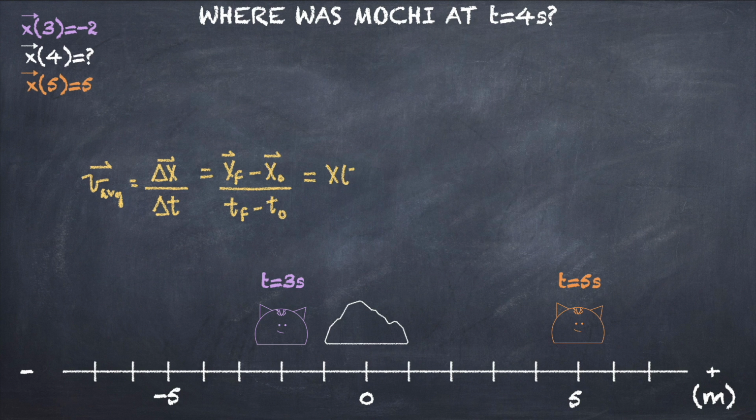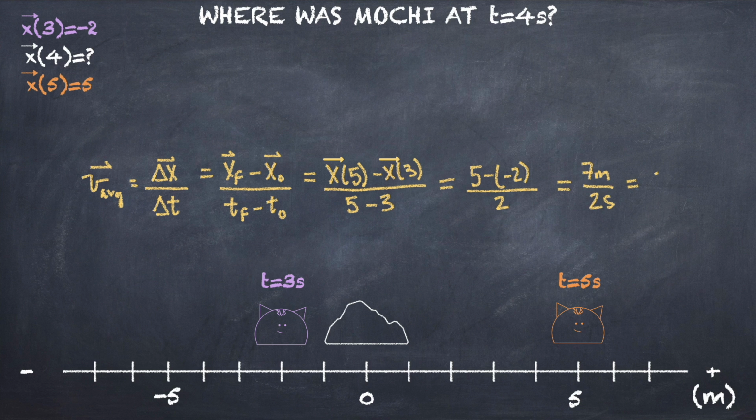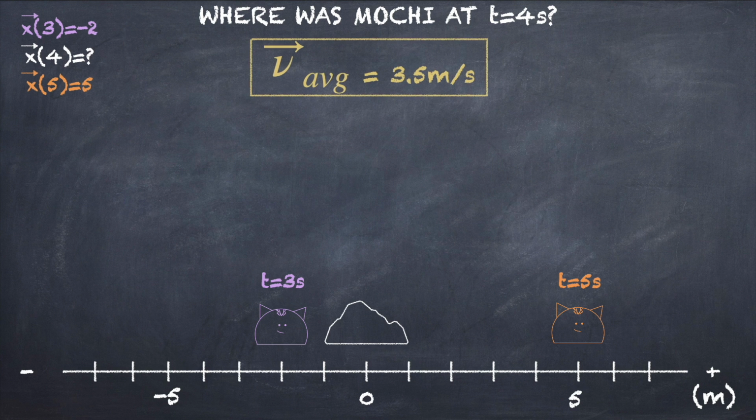X final will be his position at the time 5 seconds, while the initial time was at 3 seconds. This gives 5 minus negative 2 over the elapsed 2 seconds, which is 7 meters over 2 seconds, or 3.5 meters per second. That means Mochi's average velocity was 3.5 meters per second.